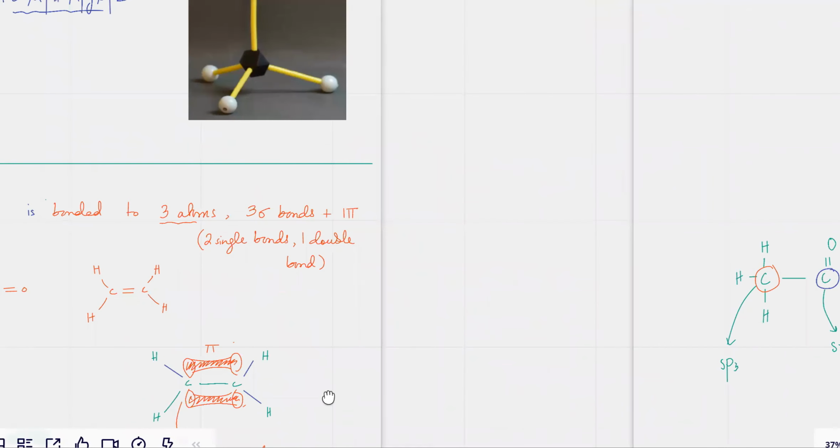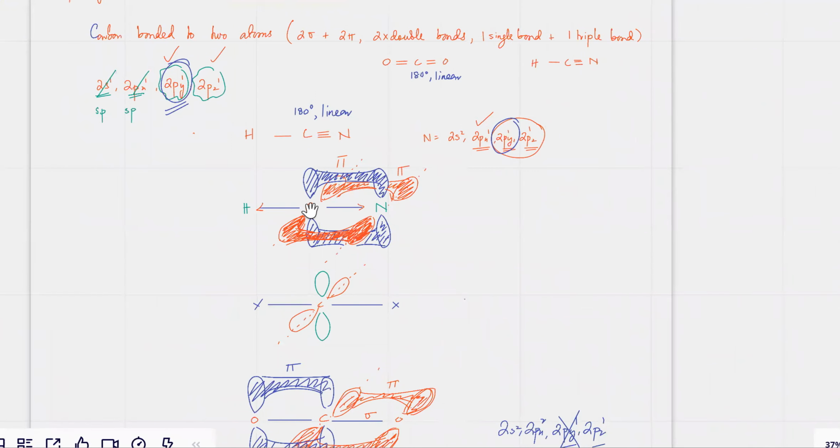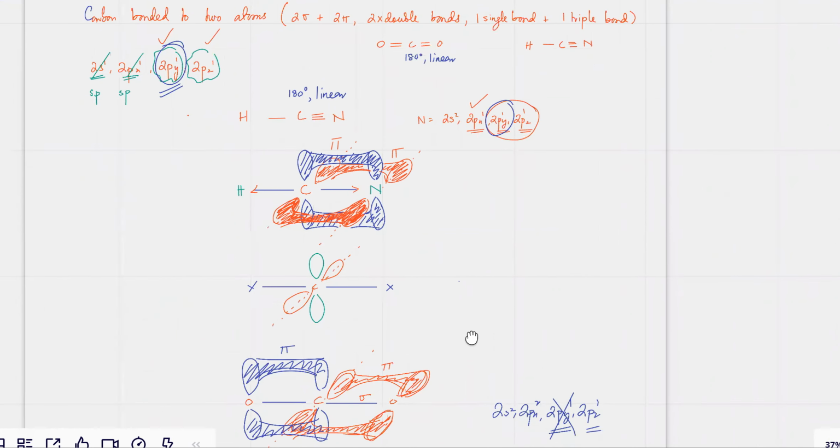And similarly, you had sp hybridization. In sp hybridization, I told you that carbon was only bonded to 2 atoms. So one electron went this way, one of the electrons went this way, and there were 2 orbitals left, and they would end up forming pi bonds. So that was sp hybridization, and we did all of that.